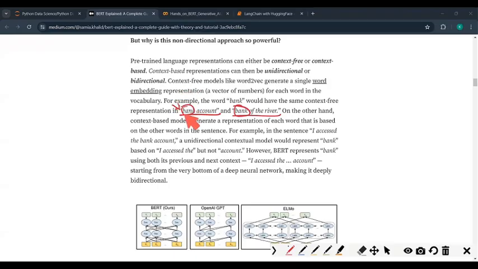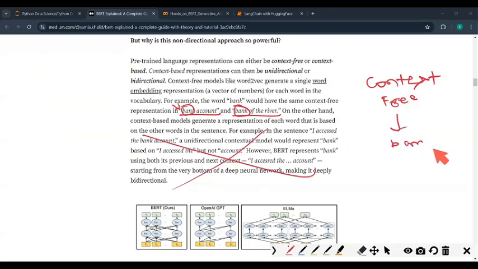So if you look at only one word, that is called context free. Understand it in a simple way, not to get confused. Just remember, context free means you look at the word bank independently, just focusing on that word, not on the words around it.